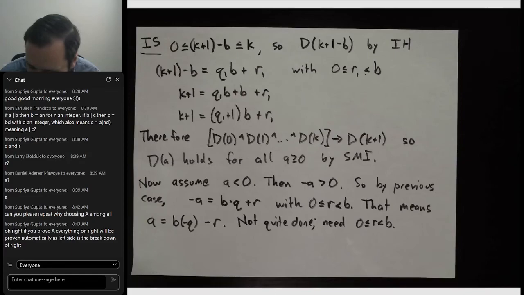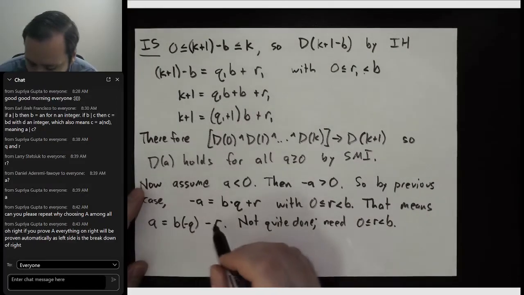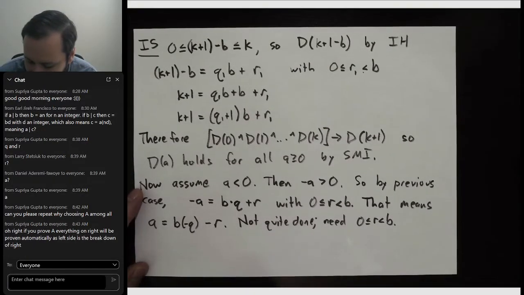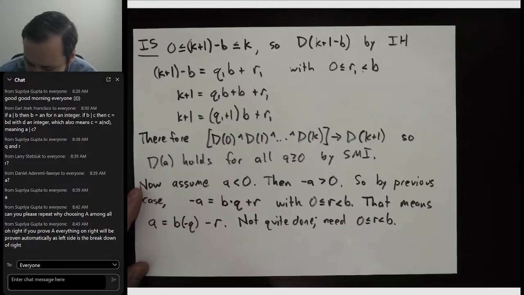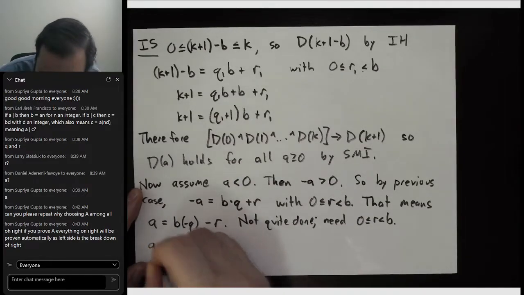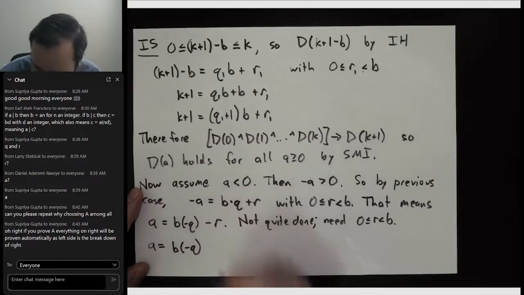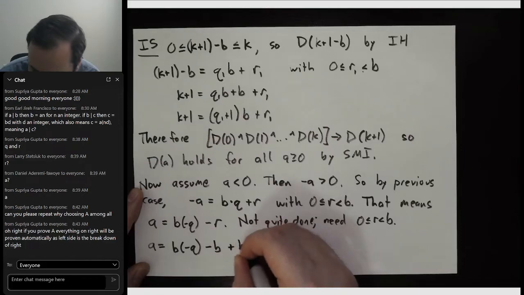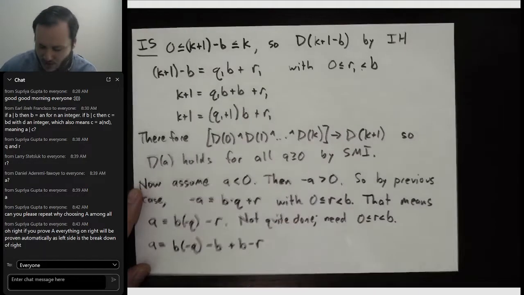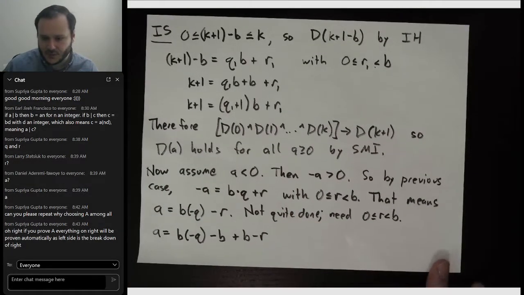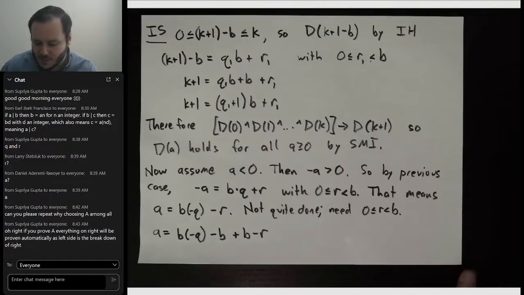So I'm going to do one more trick. I'm going to add a copy of b and then subtract it back off. a is going to be equal to b times minus q minus b plus b minus r. Why am I doing that?